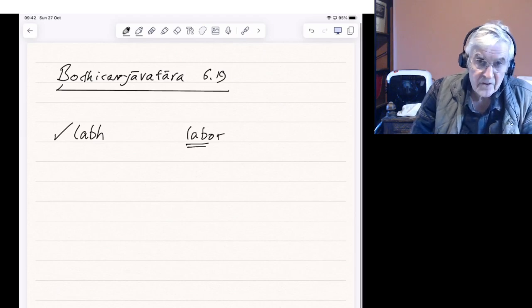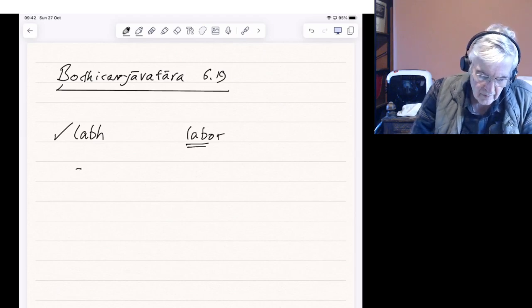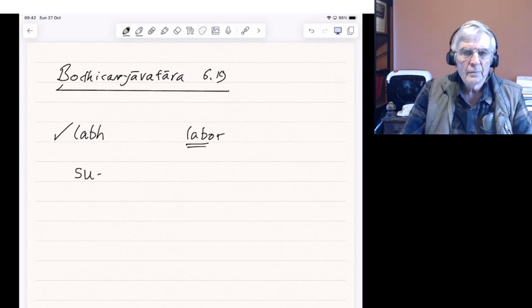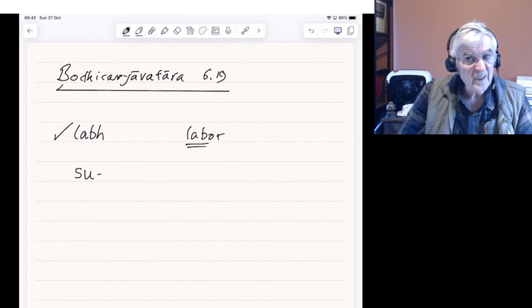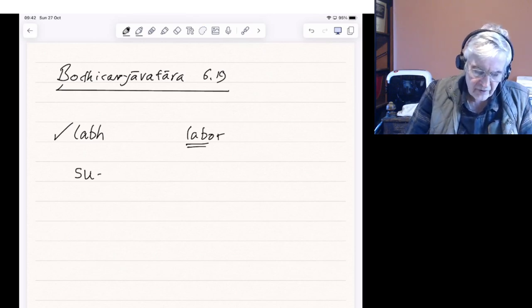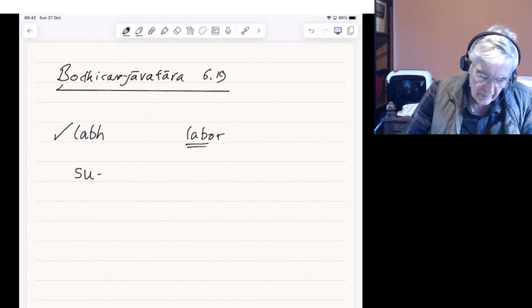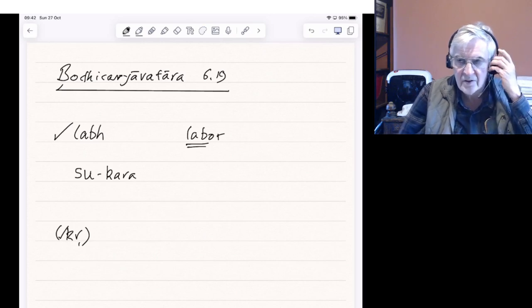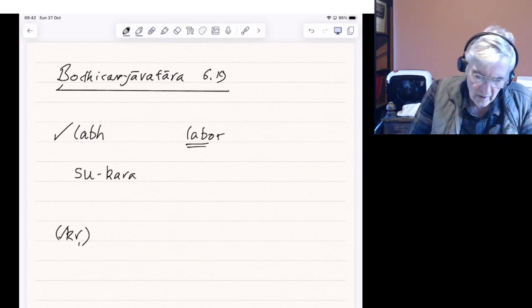Now the prefix su: the usual meaning of the prefix su, as we know, is good or well, lovely, but it often has the meaning of easy. So, for example, from the root kṛ, to do, we have sukara. Doesn't mean beautifully done, just means easy to do, therefore easy.